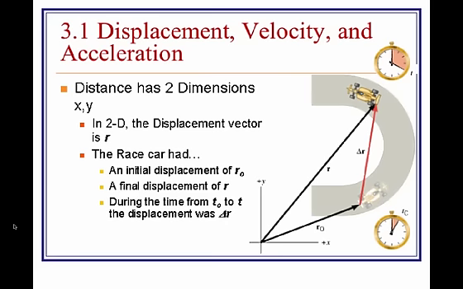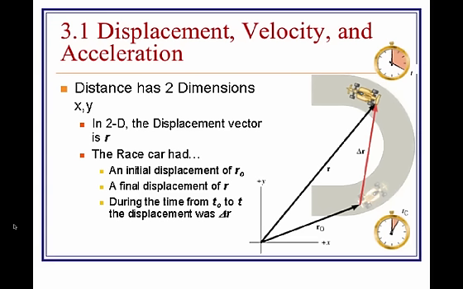When looking at situations that involve motion in two dimensions, we'll need to look at them through a sense of vectors. In this situation here, the first position of the car, or the initial position, is given by r0 from the origin of the xy axis. It has both an x and y component, giving that position. The final position, or final displacement, from the origin is given by r.